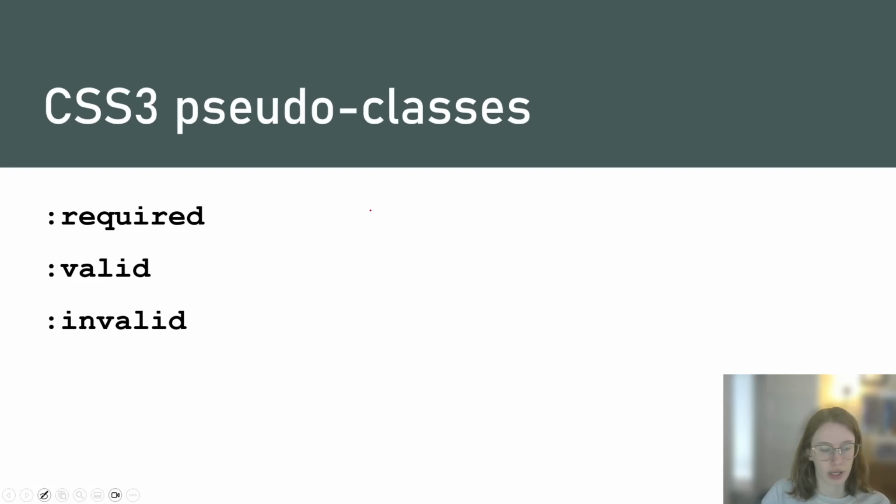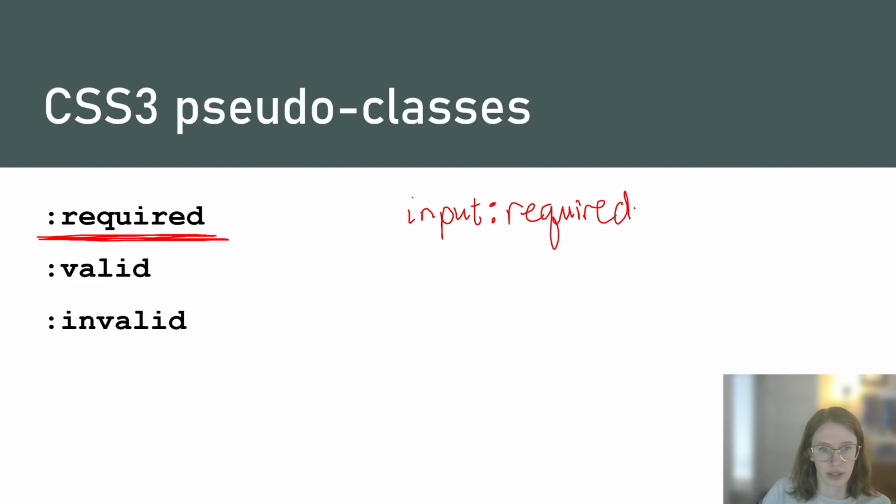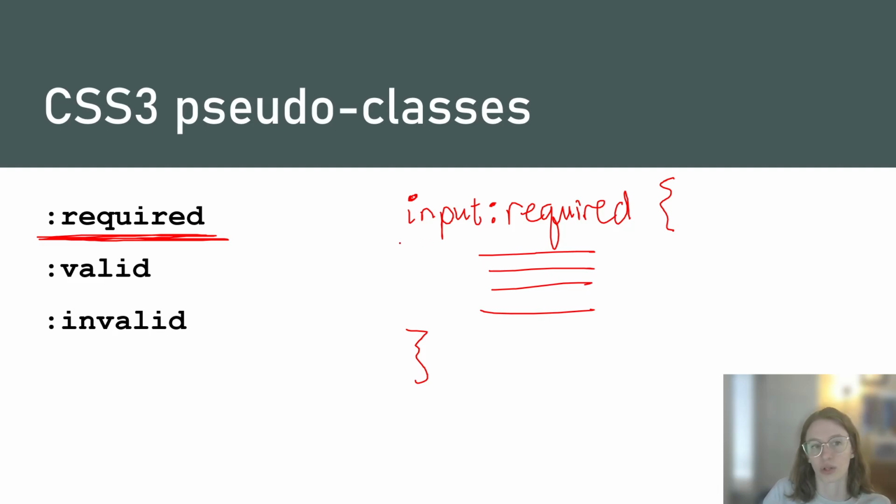So if you want your input fields that are required to be displayed differently, then in your CSS file, you could do something like input:required, and then have your CSS properties that you would like to apply specifically to all of your required input fields.